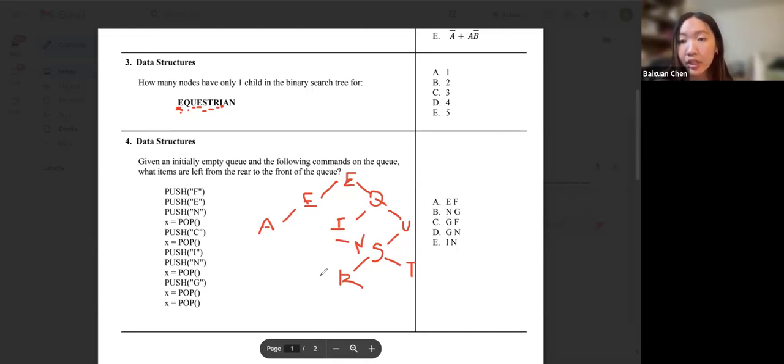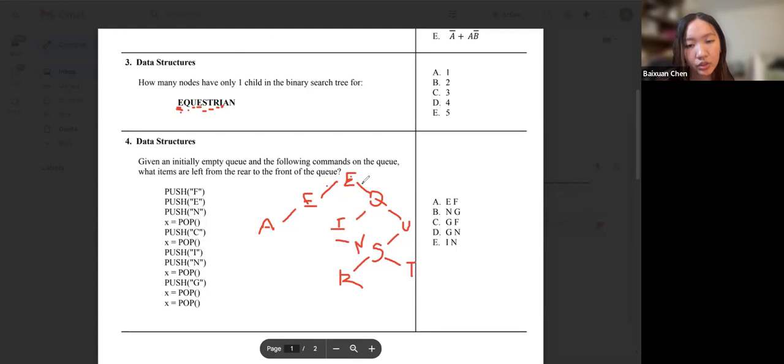The special thing about the binary search tree is there are only two children maximum for each node. It'll have either 0 children, 1 child, or 2 children. No questions? Okay.